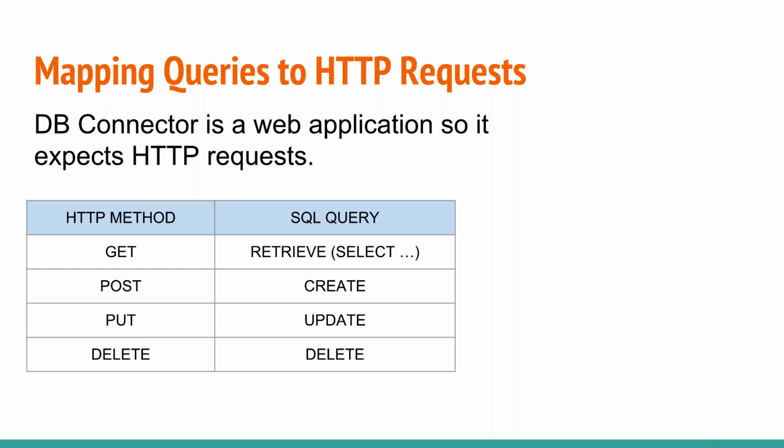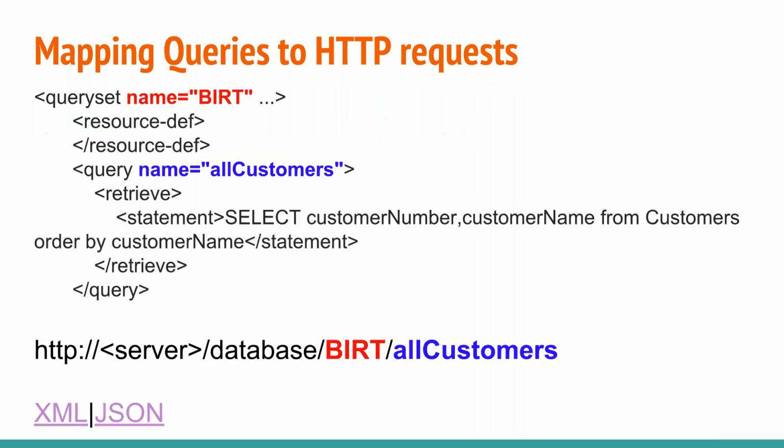And there's a very straightforward mapping between the HTTP methods and the SQL CRUD operations. HTTP GET maps to retrieve, which is essentially select queries. The HTTP POST maps to create, the PUT maps to updates, and the DELETE maps to delete queries. Very simple, very easy to set that up with frevvo. We'll be looking at how we use that information as well.